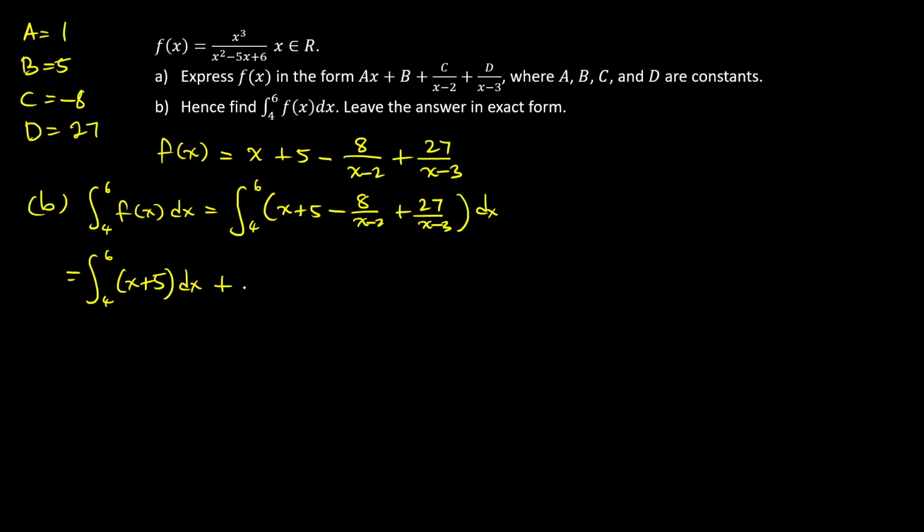And then do the last two terms separately. This is basically minus 8 over x minus 2 dx, and then plus 27 over x minus 3 dx.